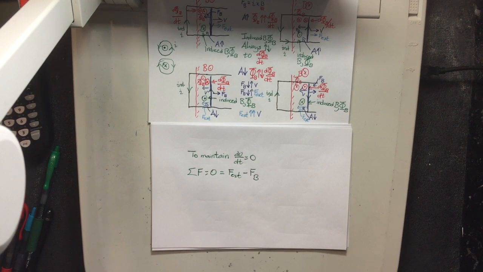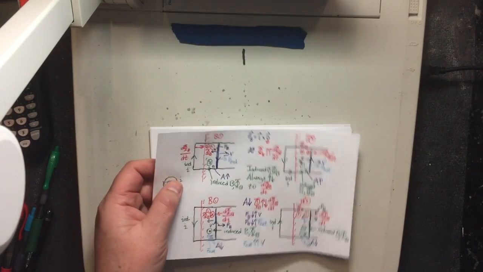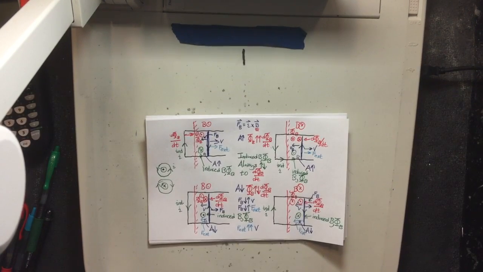So, what's the difference in the magnetic force and the force on the bar? F sub B is the force of the magnetic field on the bar. External force is the force that you are applying to the bar in order to keep its velocity constant. Yes.